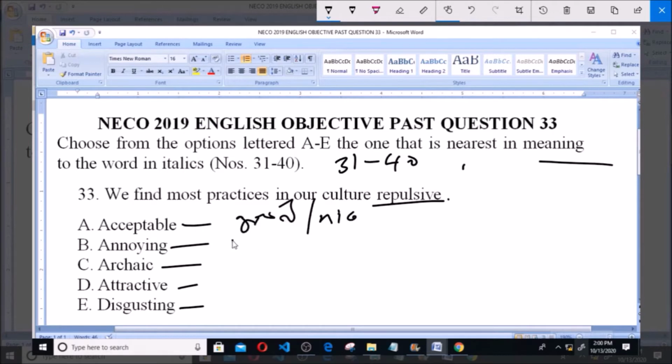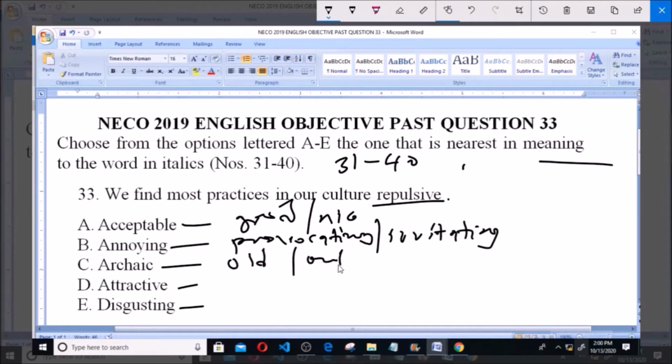When something is annoying, it is provoking or irritating. Then when something is archaic, it is old or out of fashion.